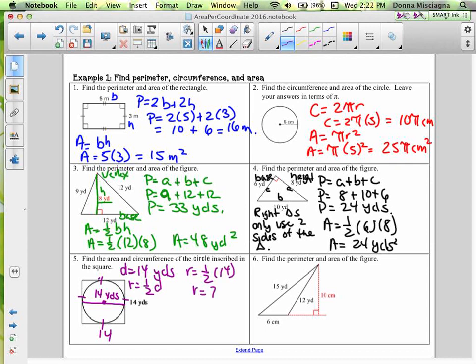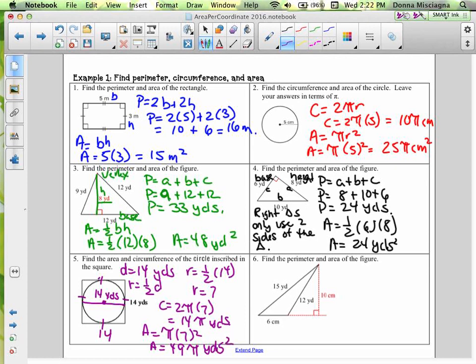That means our circumference is 2 pi times 7. I won't write the formula again because I just wrote it by number 2. That gives us 14 pi yards. And the area is pi r squared, pi times 7 squared, so that would be 49 pi yards squared.